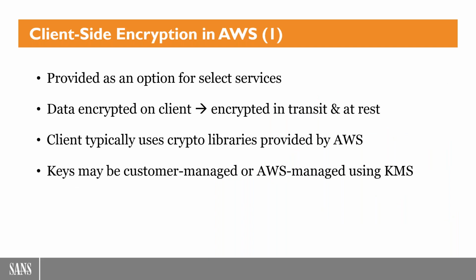Okay, so then we've got client-side encryption, the other end of the spectrum, and when I say it's provided as an option for select services, I'm saying, of course, you could always do client-side encryption if you're going to roll your own, right?